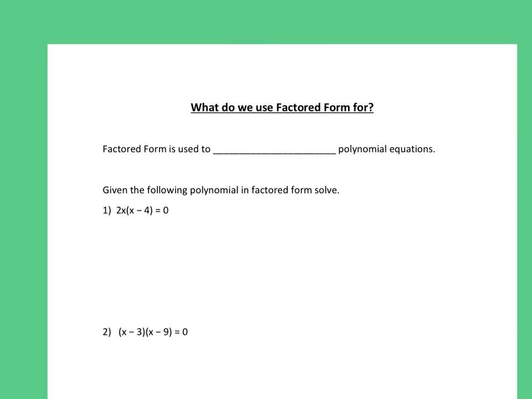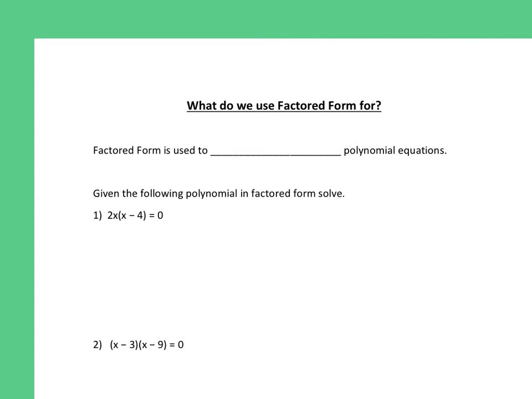What do we use that factored form for, or why do we factor? Okay, so factored form is used to find the roots of polynomial equations. So find the roots or the answers. Sometimes you might even hear me say the intercepts of a polynomial equation.